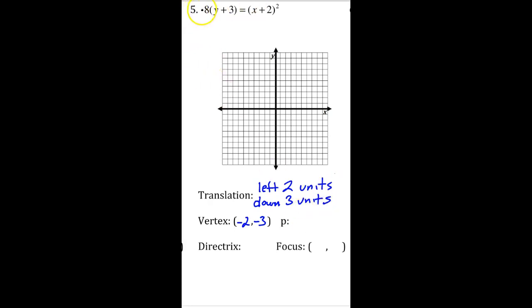Our LLR is 8, so 4p equals 8. Divide both sides by 4, and the p-value here is 2. So starting from the vertex at -2, -3, so left 2, down 3, and opening upward, I'm going to have a directrix that is below by 2.